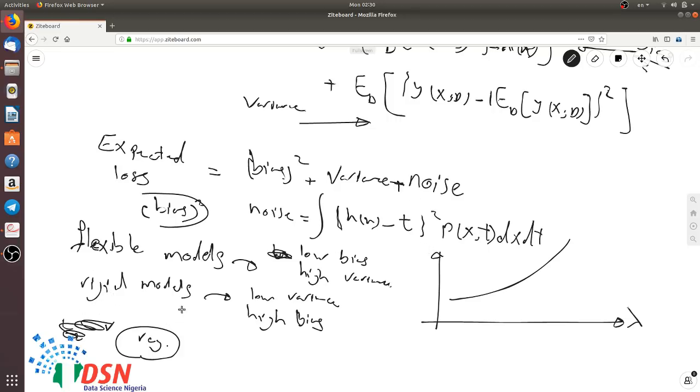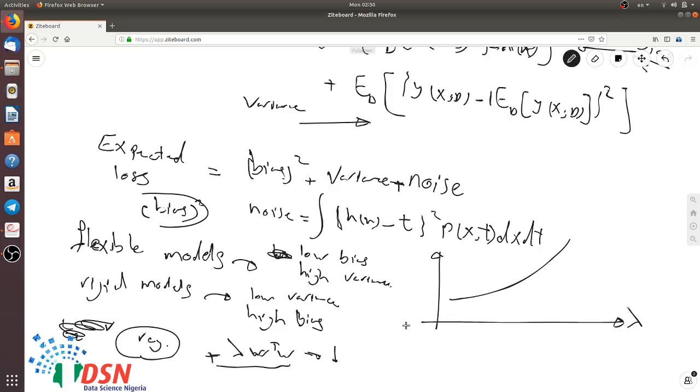Okay, so when we have very large values of lambda, it means that all of the weights could be very small values, because this term dominates in the loss function. So when we minimize the loss function, it tries to make the values of W as close as possible to zero.